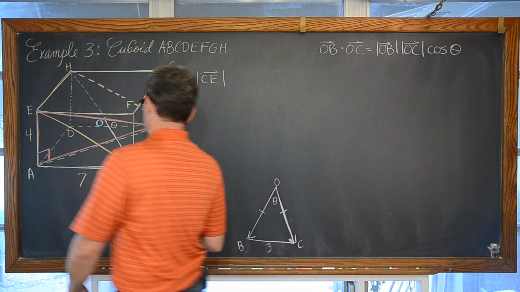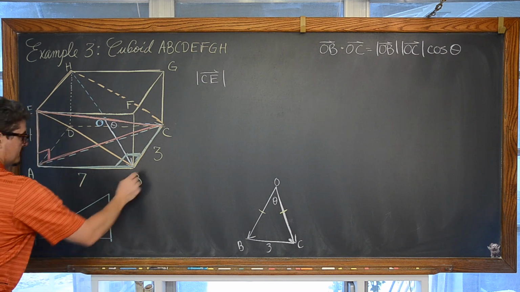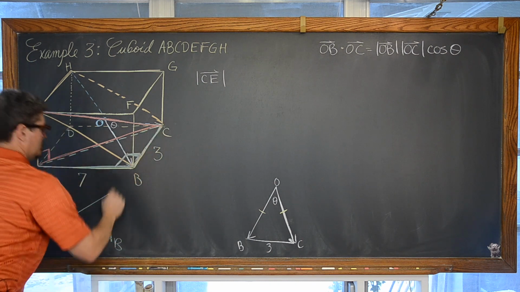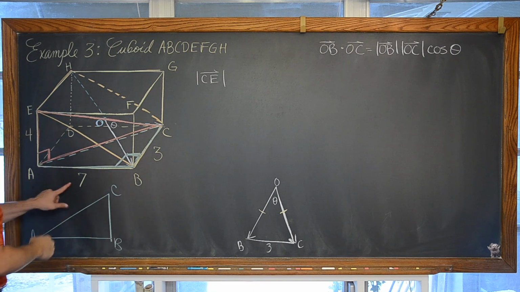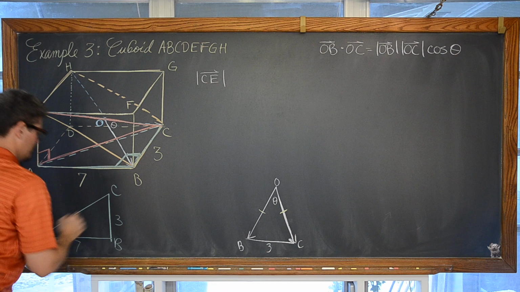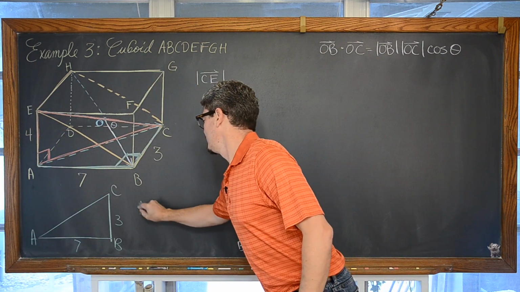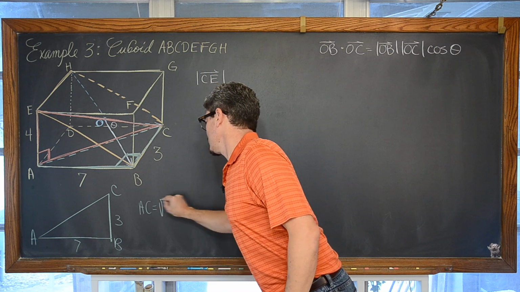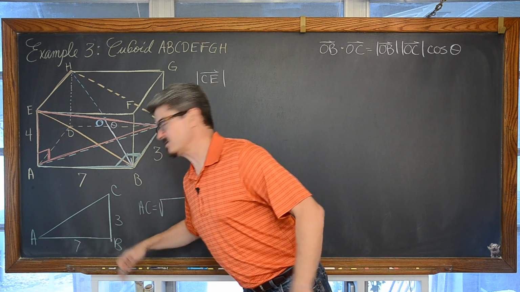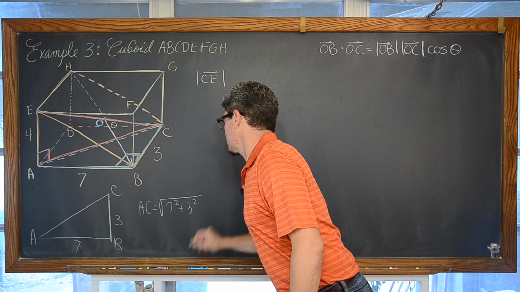We have this triangle here in green. A, B, C, a leg of 7, leg of 3, and Pythagorean theorem is going to say that AC is the square root of these two legs squared and added together, so we have 7 squared plus 3 squared.